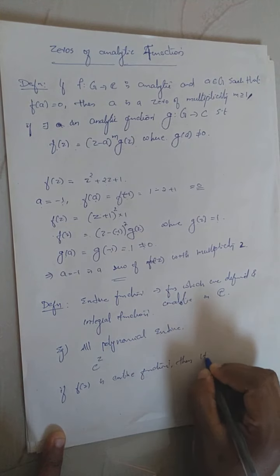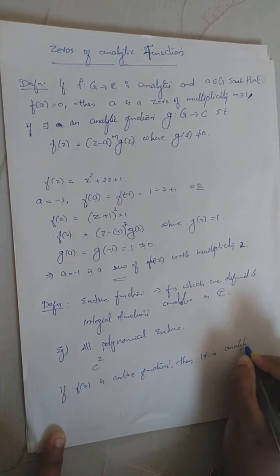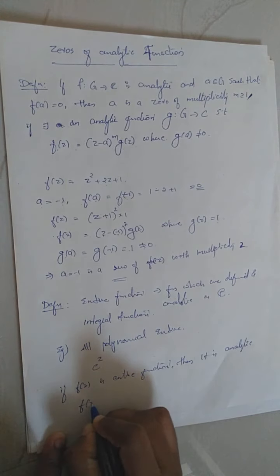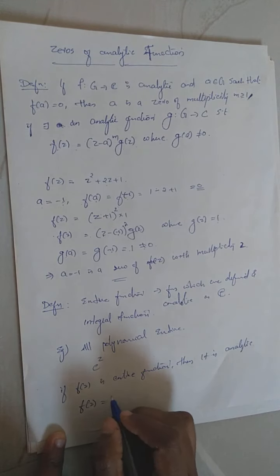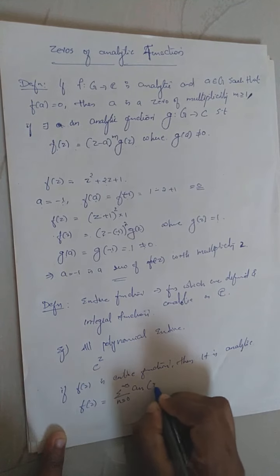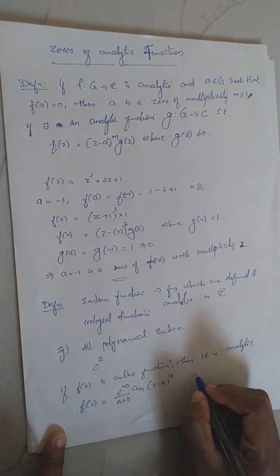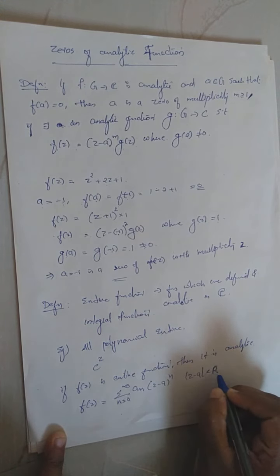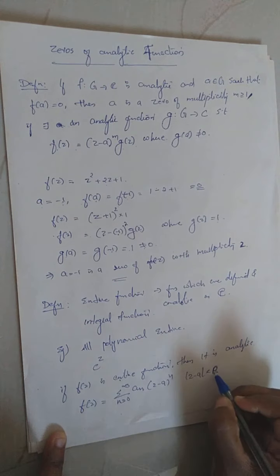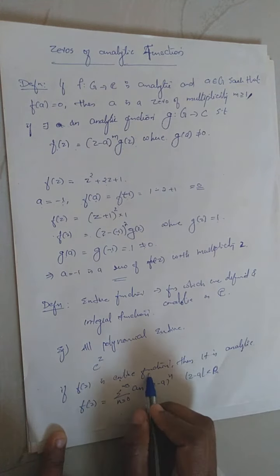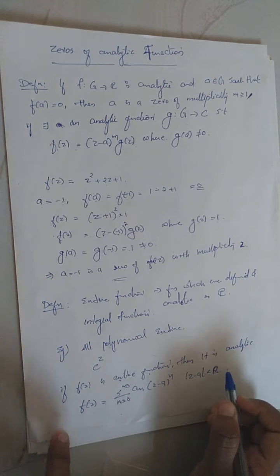When a function is analytic, it has a power series expansion. Therefore every entire function will have a power series expansion of the form sigma n equal to 0 to infinity a_n (z minus a) raised to n in some region, for |z minus a| less than some r. And note that when the function is entire, the radius of convergence will be equal to infinity.